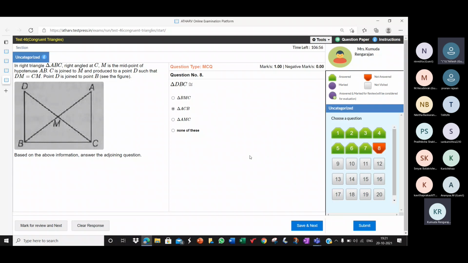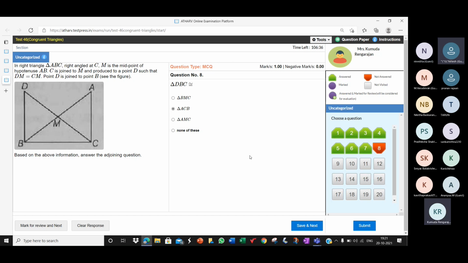We know that these two triangles are congruent, so by CPCT we can say DB is equal to AC. And also BC equals BC, the common side.